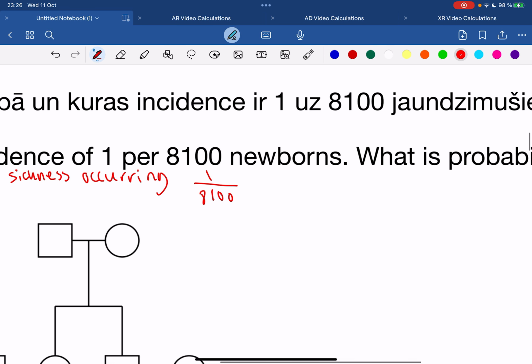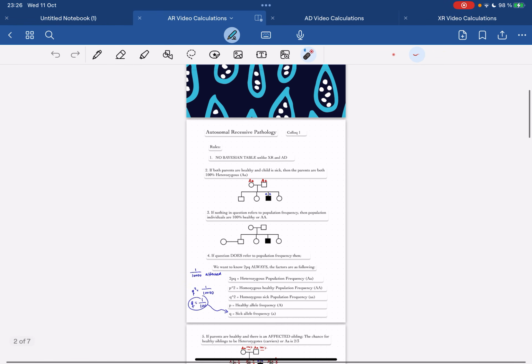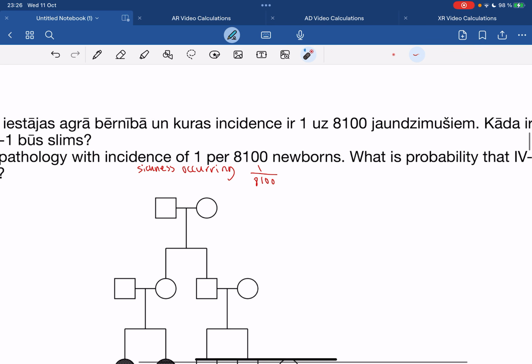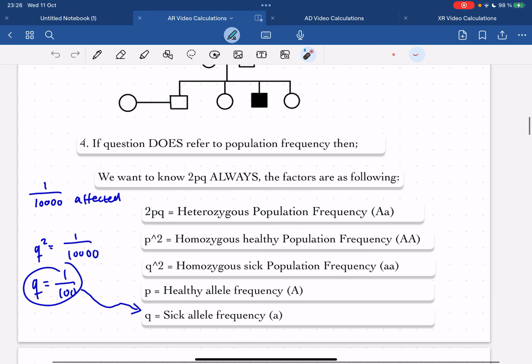And what do we know about AR for population frequency? Let's see here. If the question does refer to population frequency, which it does right here, incidence rate is 1 out of 8,100 newborns, then we want to know 2PQ always.